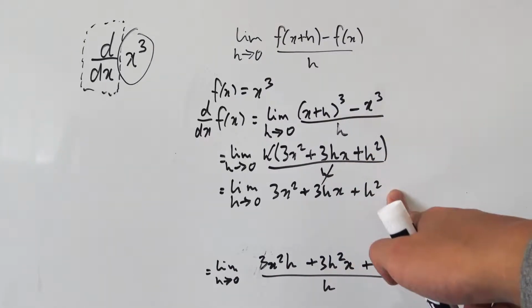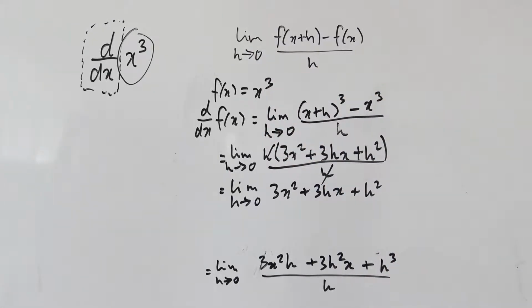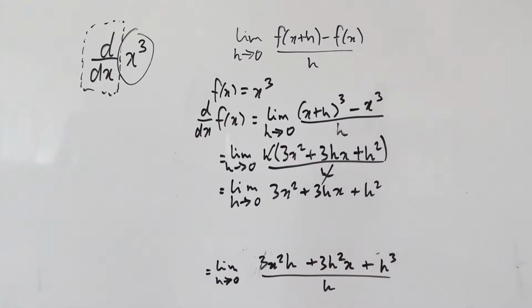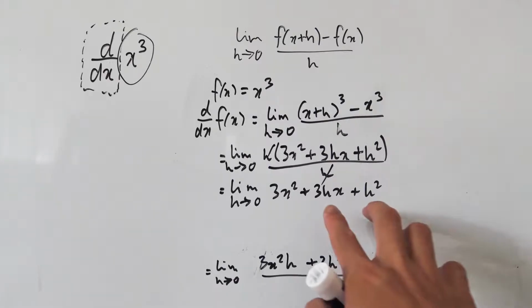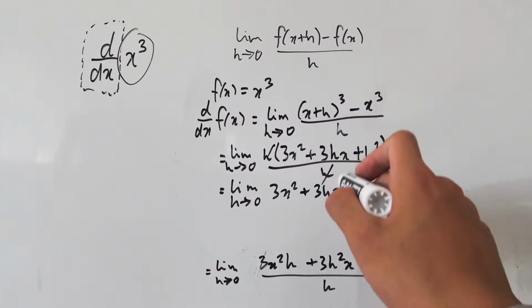And this will tell us the gradient at every single point on our function x cubed. But at the moment, this is just an approximation because we haven't let our h go to 0 yet. So to get a final result, all you have to do is see what happens as these two h's here get smaller and smaller and smaller. Well, as these two terms here get smaller and smaller as h goes to 0, they're just going to literally disappear.